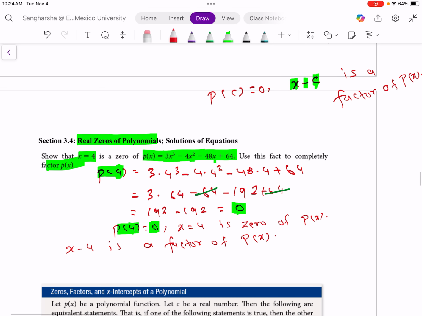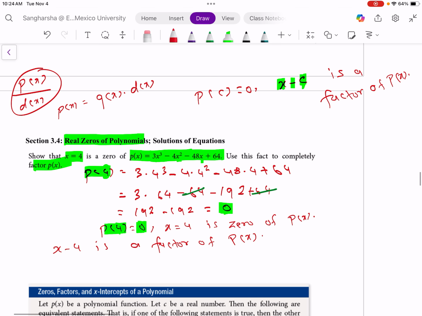We have a polynomial p of x, and if we divide the polynomial by our divisor d of x, then we can rewrite p of x as the quotient times the divisor d of x, and the remainder is 0 here. Now are these two in factor form? In between q of x and d of x there is a product sign, so these are in factor form, right?